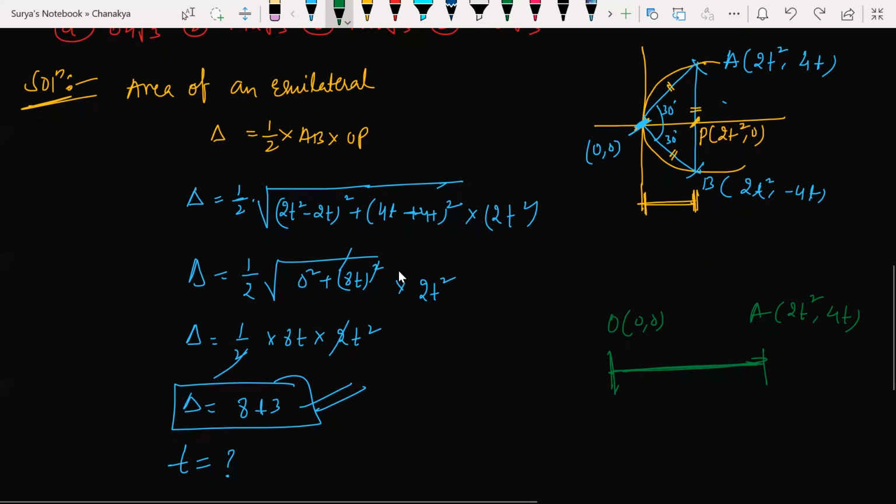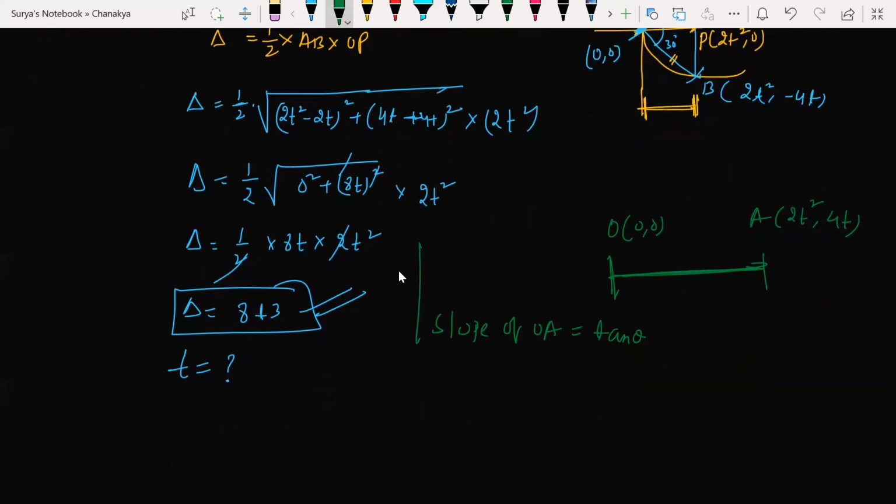So can I write slope of OA is equal to tan theta? What is the slope formula? When a line passes through 2 points, what is the slope formula? (y2 minus y1) divided by (x2 minus x1) is equal to tan theta.